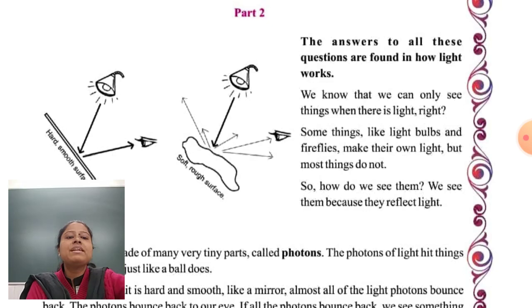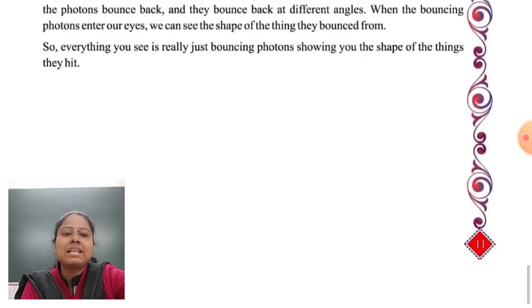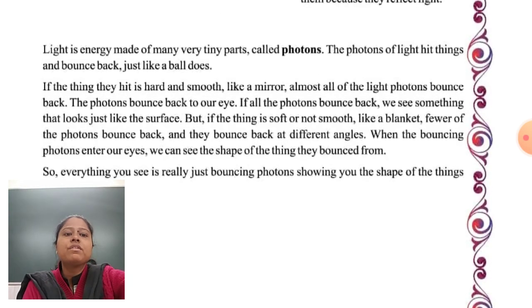So when they enter our eyes, we are able to see the shape of the things. Through the photons only, we come to know the shape of the particular thing.